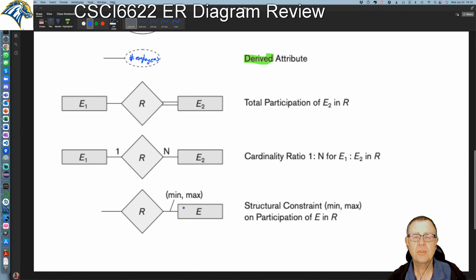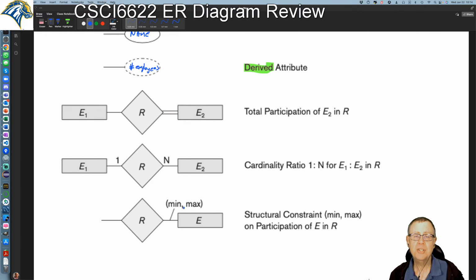Okay, and then we've got some examples of relationships. The first one is saying that E2, entity 2, has total participation in R. That means it's got to have that relationship.